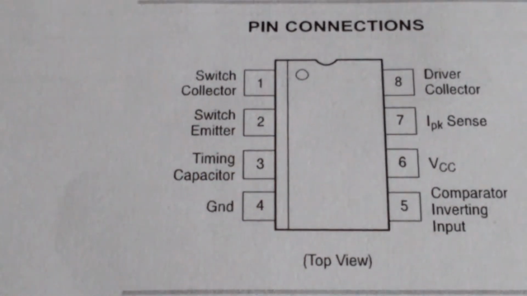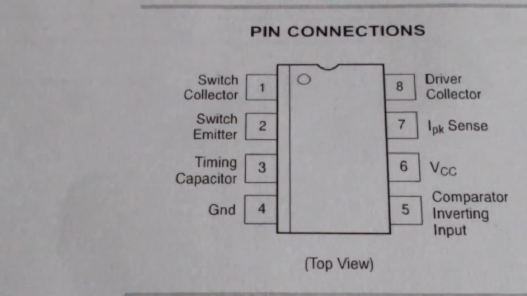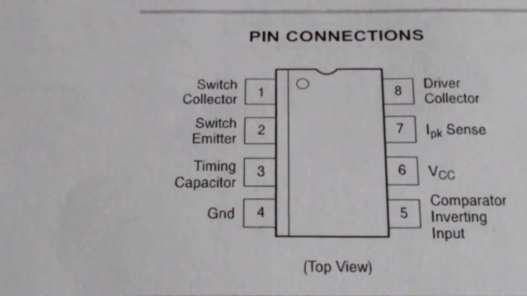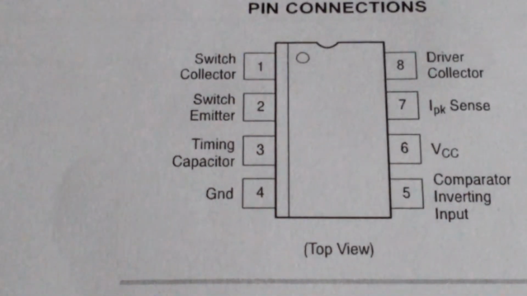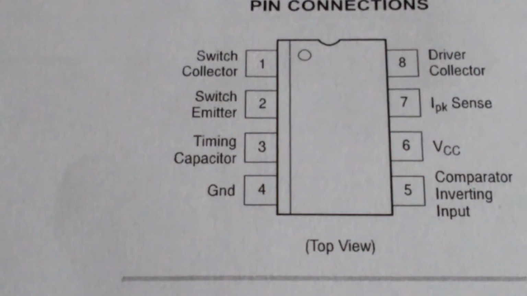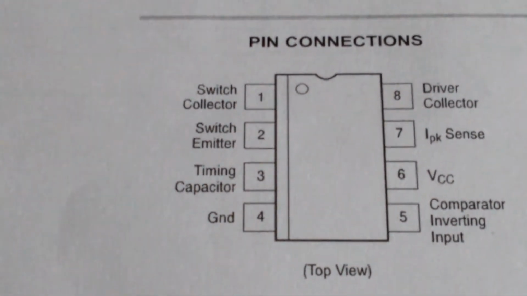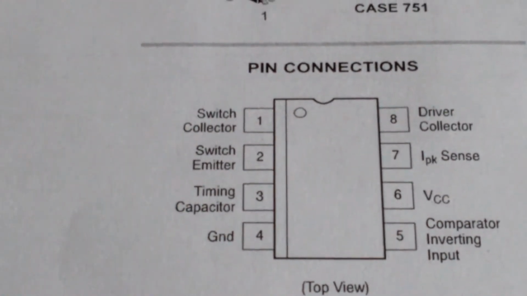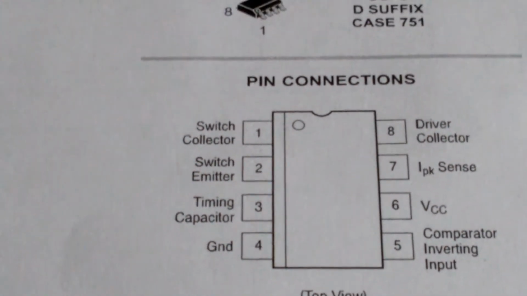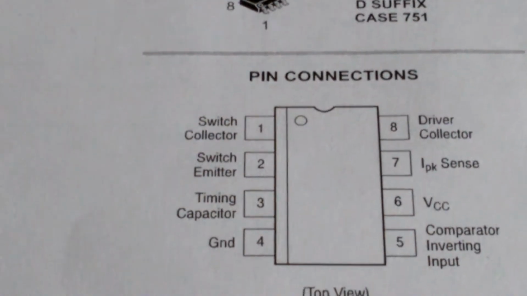Pin 2, switch emitter, then the timing capacitor, the ground, and the comparator inverting input. You have the VCC supply, the current sensing, and pin 8 is the driver collector.